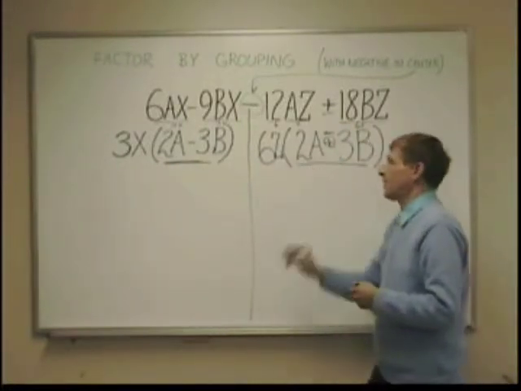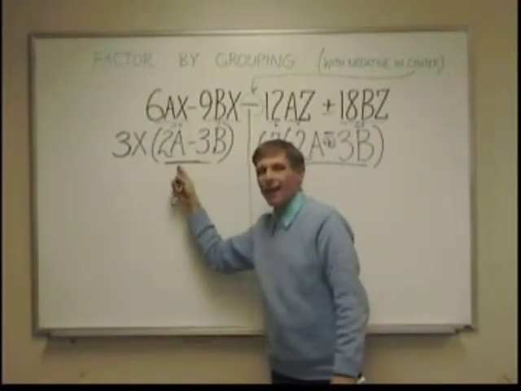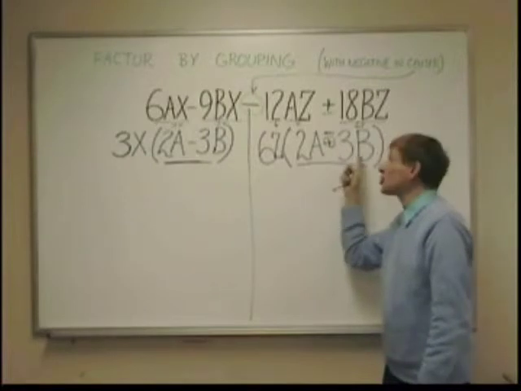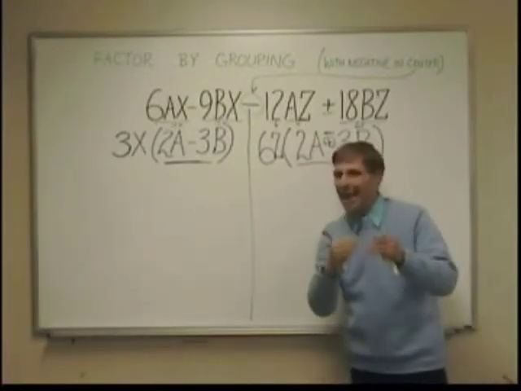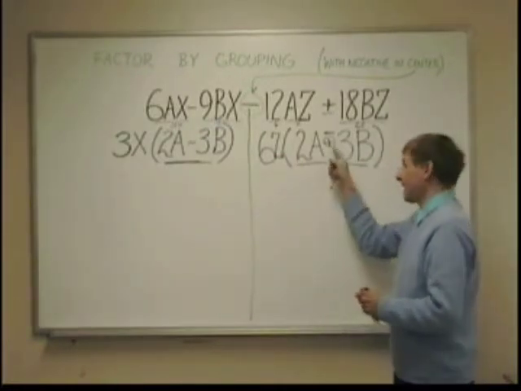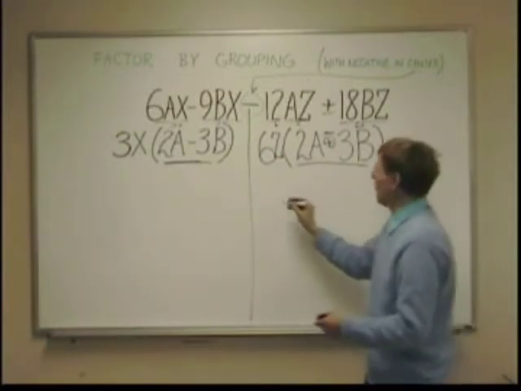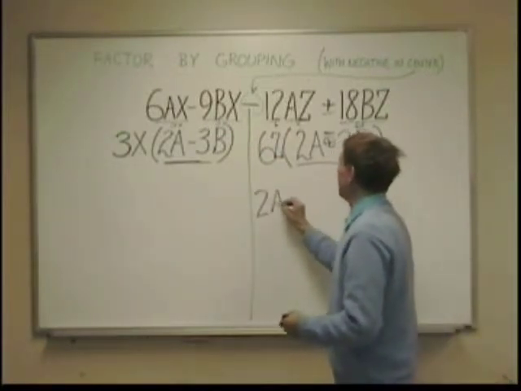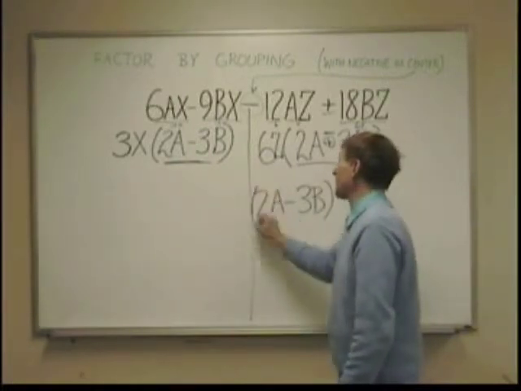So remember what I said before. If you do it correctly, this one is the factor that this one should match with. And when you have the center sign negative, the sign in the second part changes, and it changes to match. It does match. So 2a minus 3b is a factor.